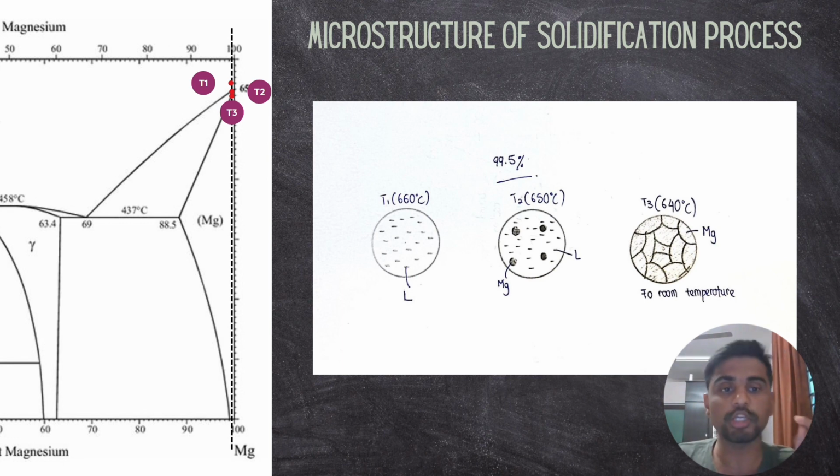It proceeds to temperature 3, which is 640 degrees, where magnesium particle solidification ends and the particles are fully magnesium. It continues cooling to room temperature as a solid.